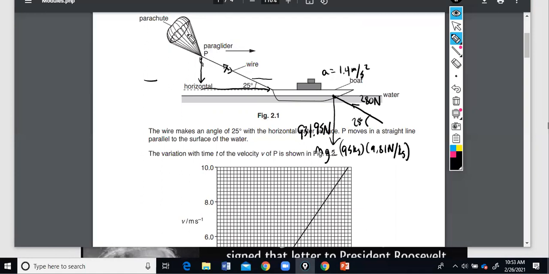There'd be a lift force from the parachute that would make this person fly up into the air, right? So there'd be a lift force, and the tension in the wire is partly holding the person down.